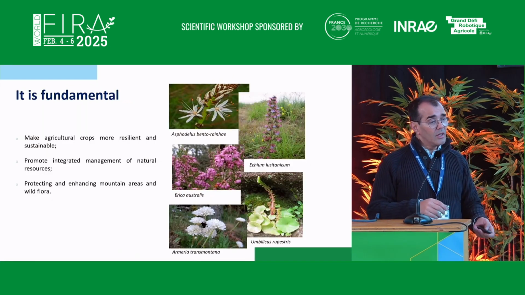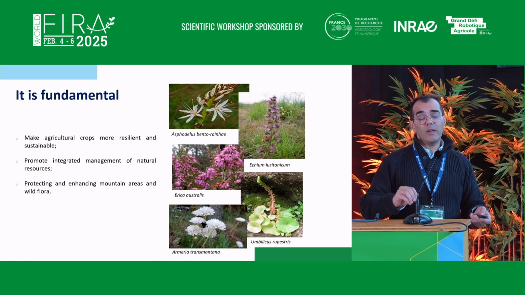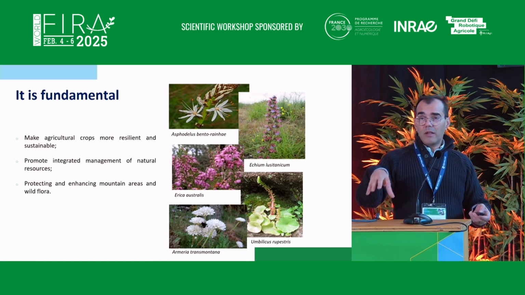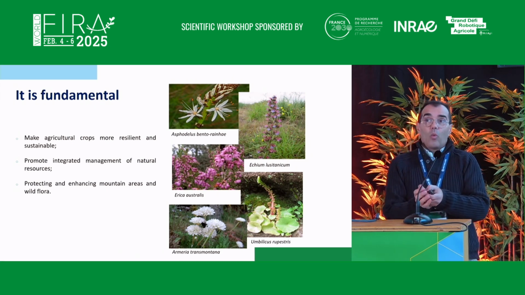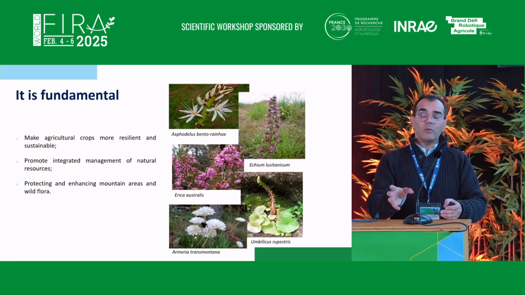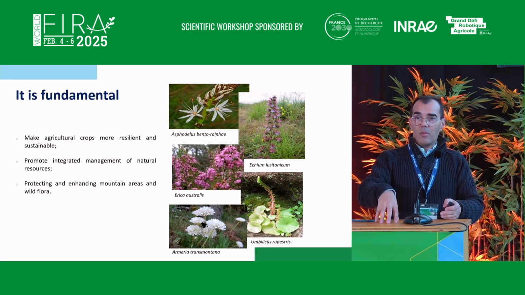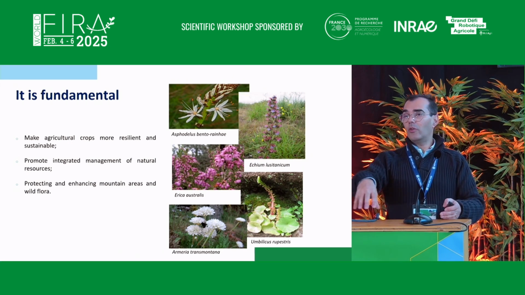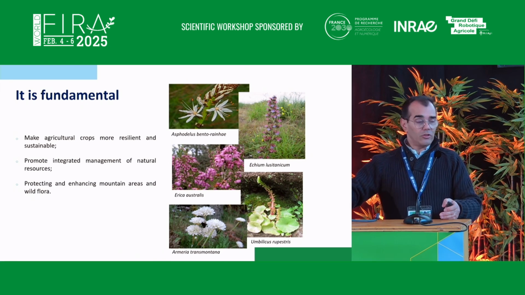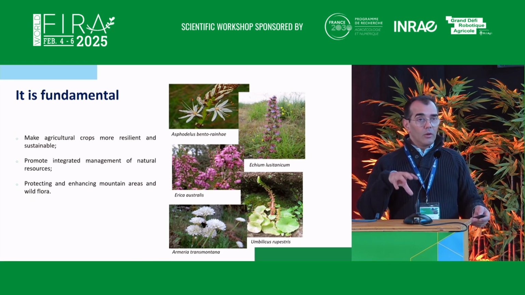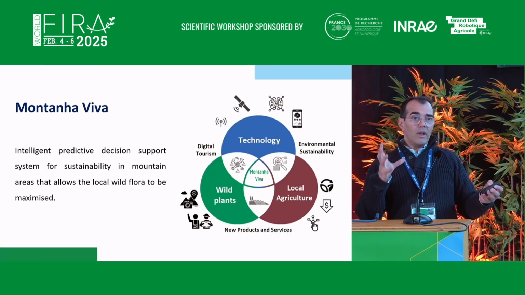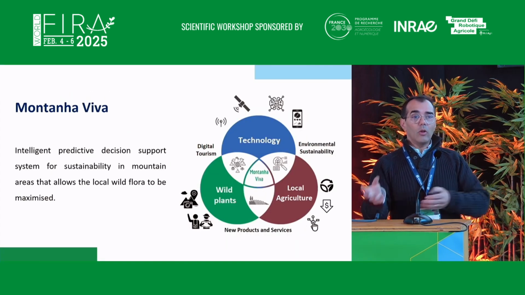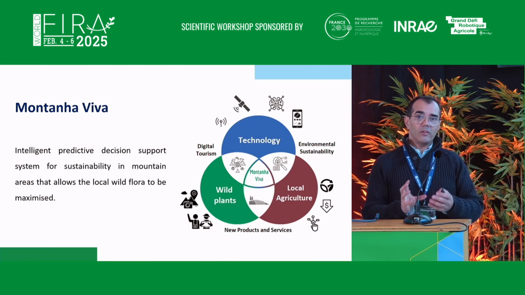And for that, what have we done? We found in the mountains some indigenous plants, so they are wild plants, but those wild plants may have some food applications or some aromatic or medicinal applications. Depending on that, we select them, and afterwards we include technology and local agriculture in this ecosystem.